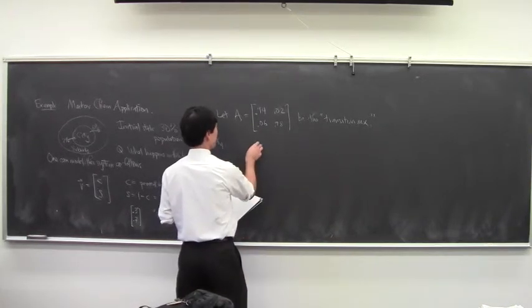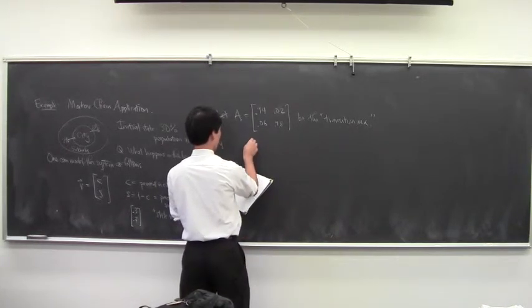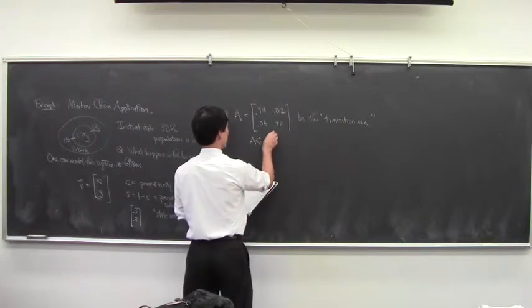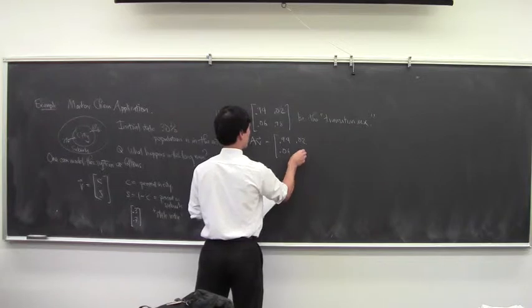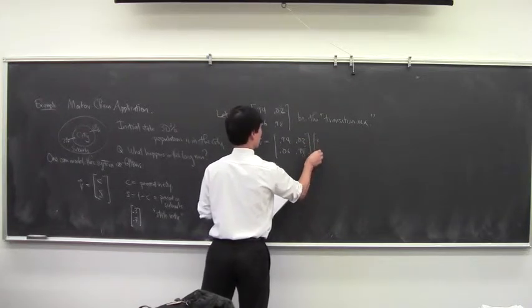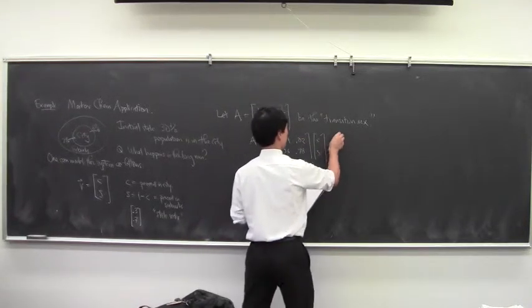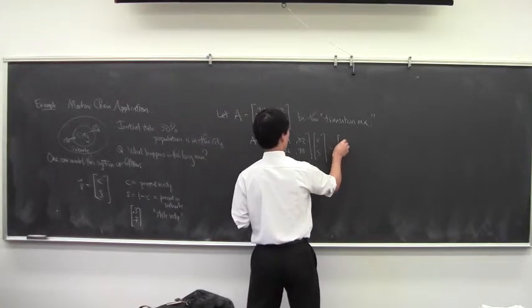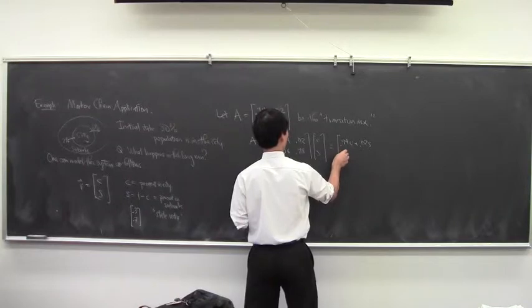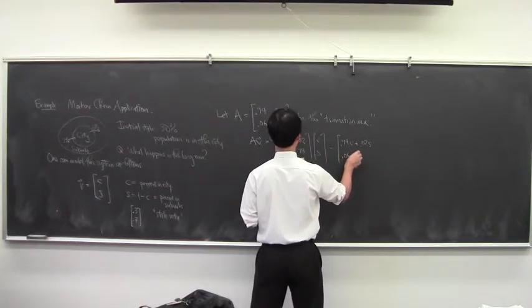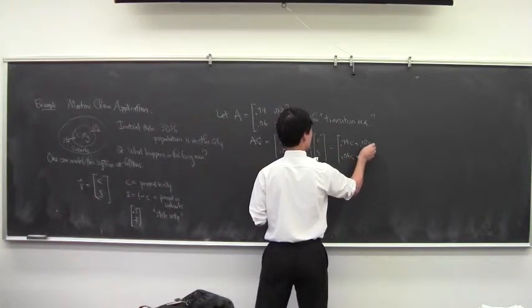And you notice that we've designed it so that AV turns into 0.94C plus 0.02S, 0.06C plus 0.98S.